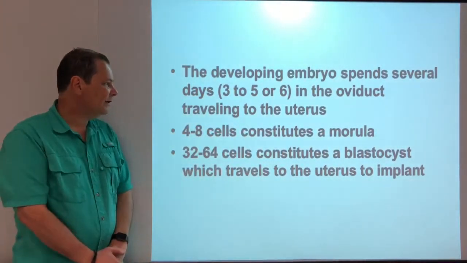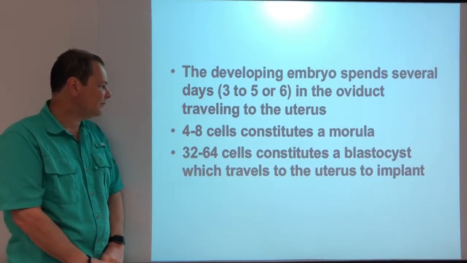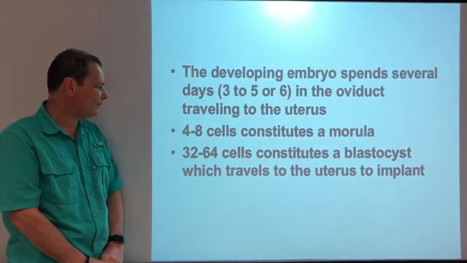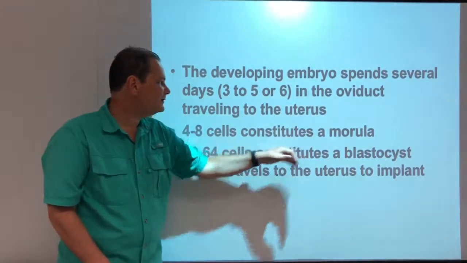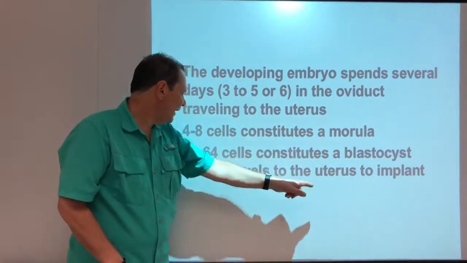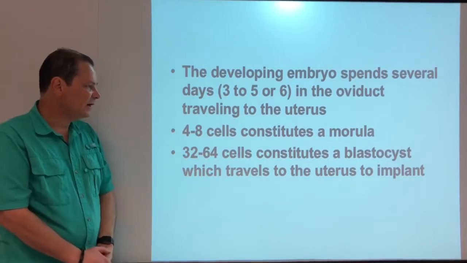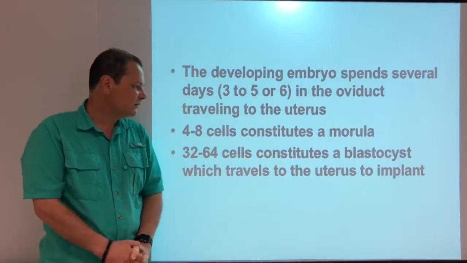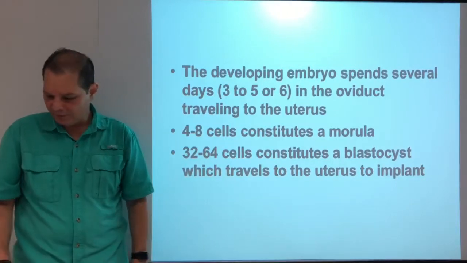I believe you'll be learning this in a lot more detail from the embryology people, if you haven't already. But you go through this stage during that transport process, and you end up as a blastocyst, which is the 32 to 64 cell stage, and that is the stage at which you begin the process of implantation, which we'll talk about soon.